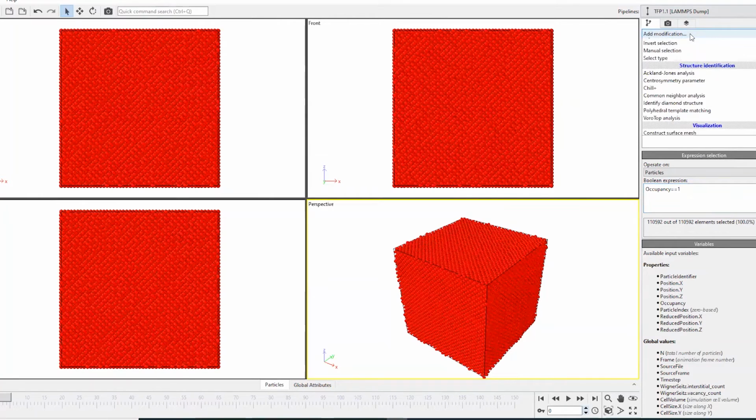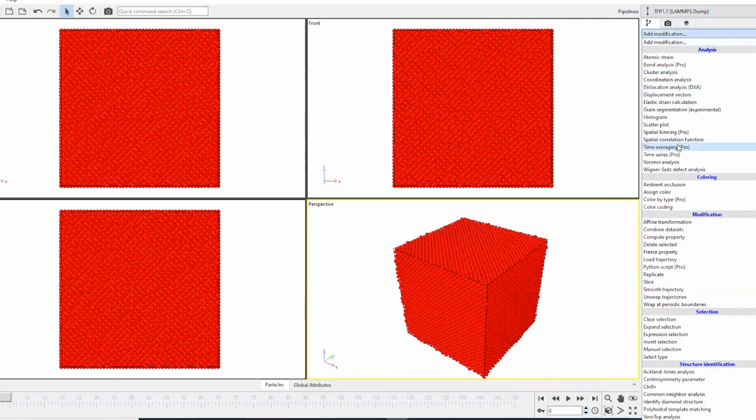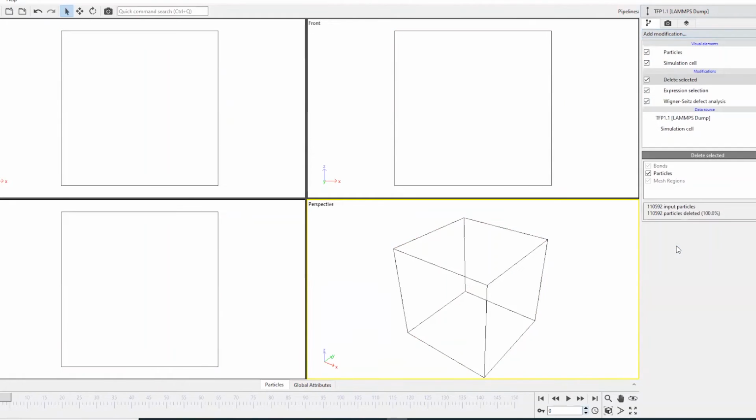Next step, I will delete all these atoms: delete selected atoms. Now all those atoms which were initially at their original position are deleted. Now it will highlight only the atoms which have moved from their original position. So with time, you can see the defects.